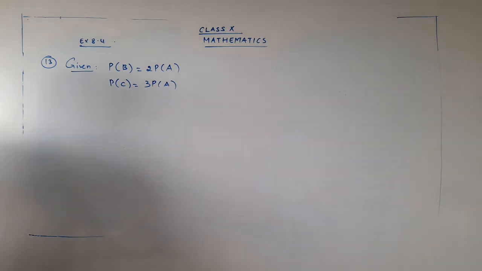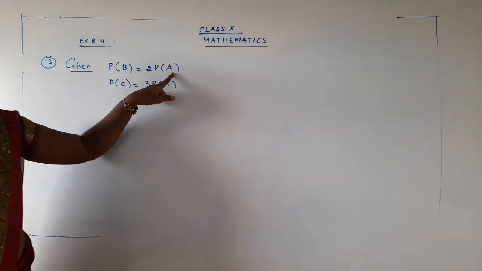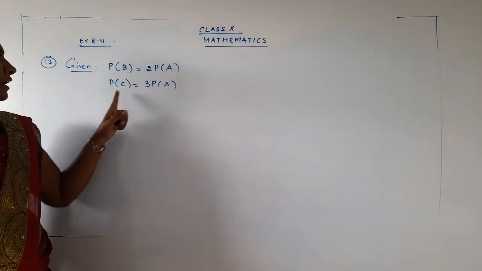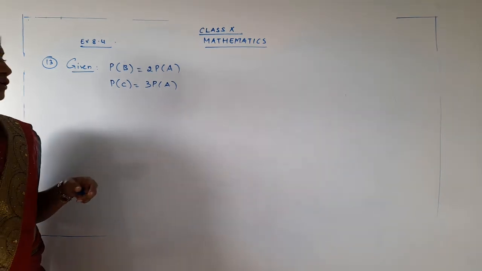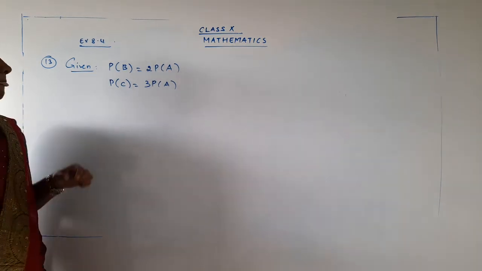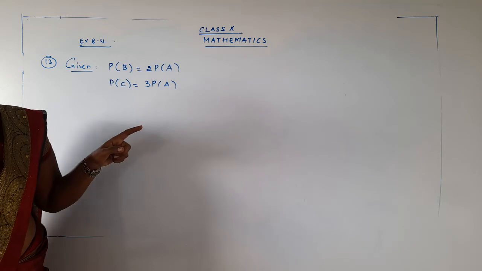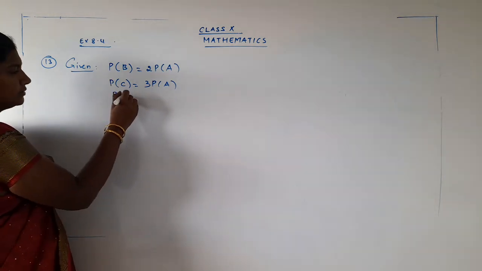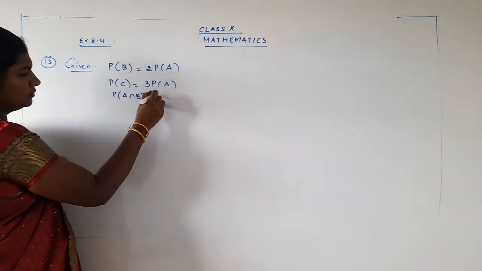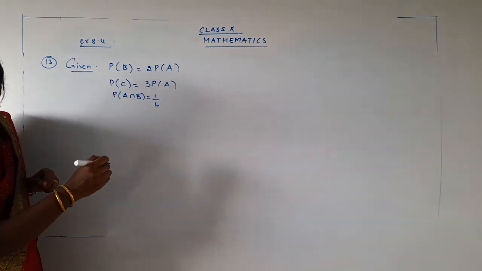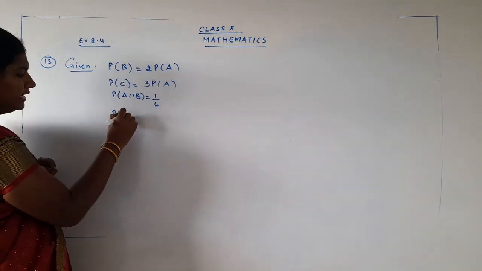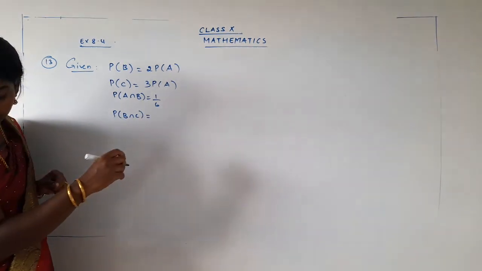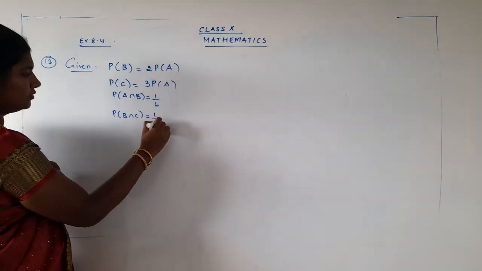So we know that probability of B is twice of probability of A, that is 2 into P of A. And probability of C is thrice of P of A, that is 3 into P of A. Now, what else is given to us? P of A intersection B is equal to 1 upon 6. Then we know that P of B intersection C is equal to 1 upon 4.